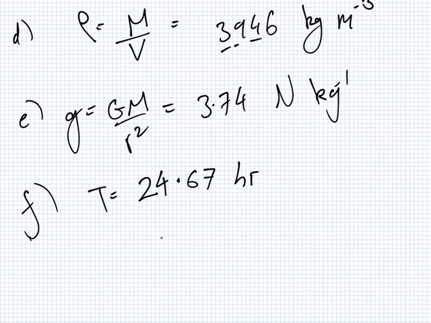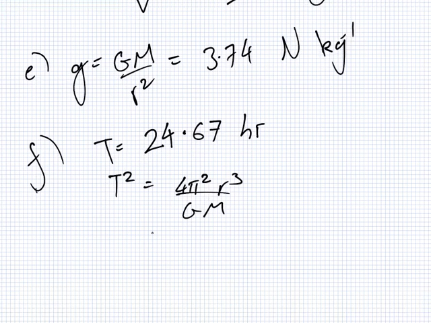I will in a moment. Right. Using Kepler. Kepler said T squared equals 4 pi squared r cubed over GM. And what do we want? We want the r. So r cubed is GMT squared over 4 pi squared.